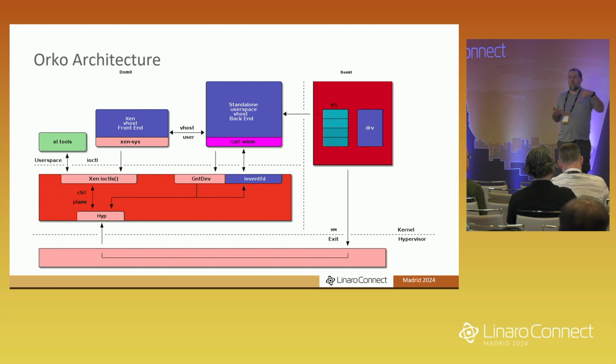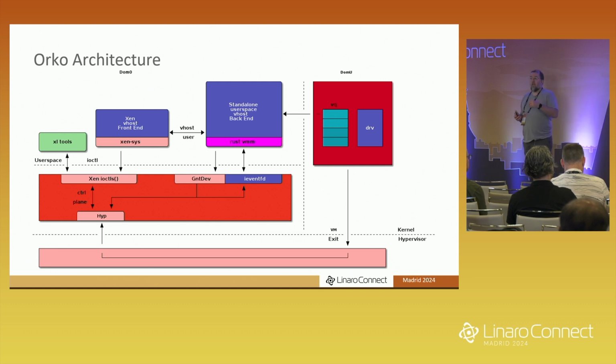So in the Xen world, you don't have a full VMM, you have the xl tools that create and destroy guests. And then the Xen vhost frontend is responsible for the initial configuration, discovery of VirtIO devices and setting things up, communicating over this vhost-user interface to the actual backend itself. And that's the same communication that CrossVM would use or that QEMU would use.